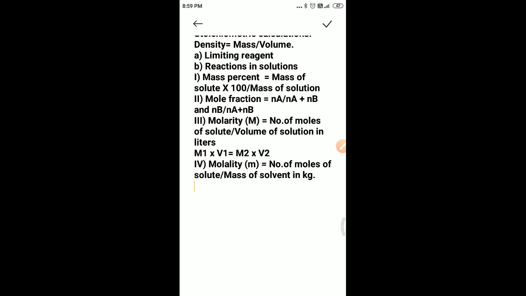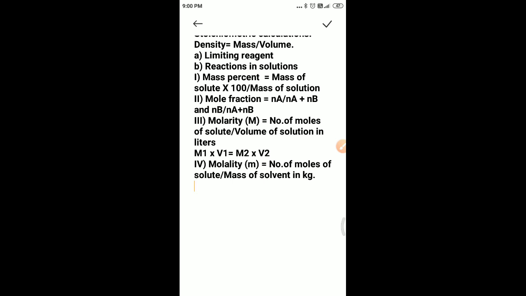In the same way, for a 0.2 molar solution, we require 0.2 mole of NaOH dissolved in 1 liter of solution. To make a 0.2 molar solution from a 1 molar solution, we have to take that volume of 1 molar NaOH solution which contains 0.2 mole of NaOH and dilute with water to 1 liter.